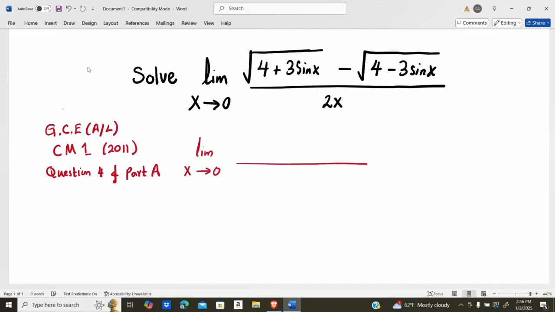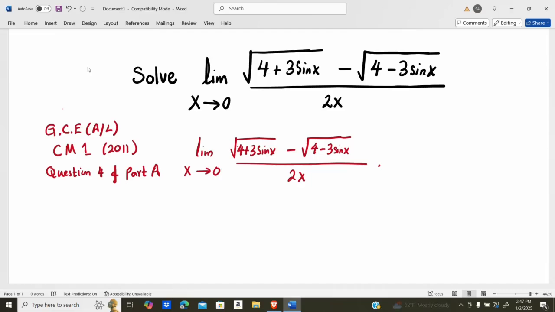So you write down that numerator, 4 plus 3 sine x minus square root 4 minus 3 sine x, and then you divide it by 2x, and then you multiply and divide the expression by the conjugate of the numerator.